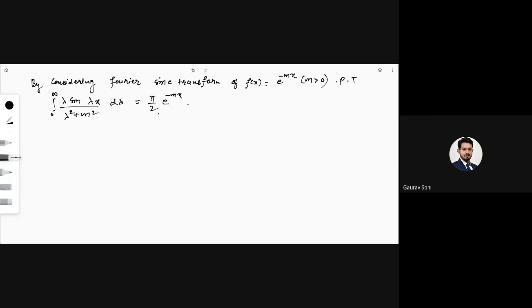So just take the Fourier sine transform of f of x. So f s of lambda is equal to integral 0 to infinity e to the power minus m u sine lambda u du. Can anyone tell me what is the answer?